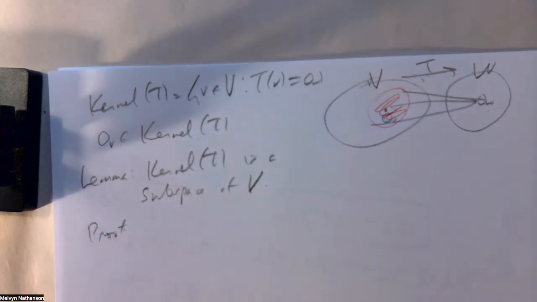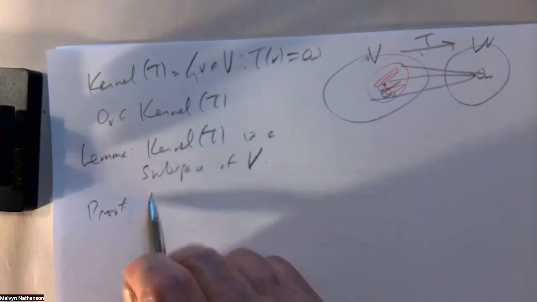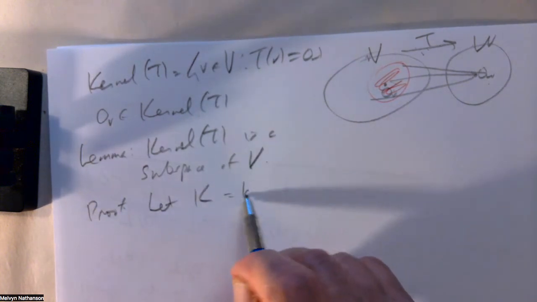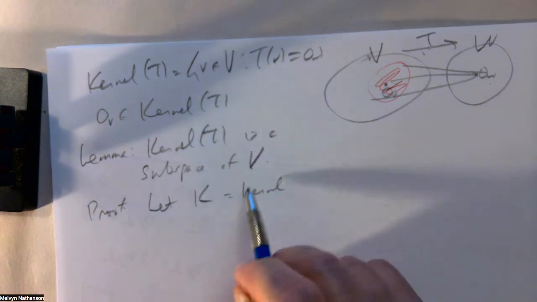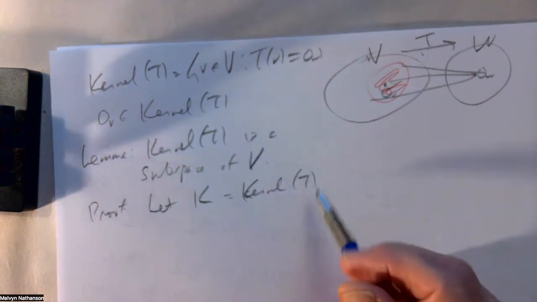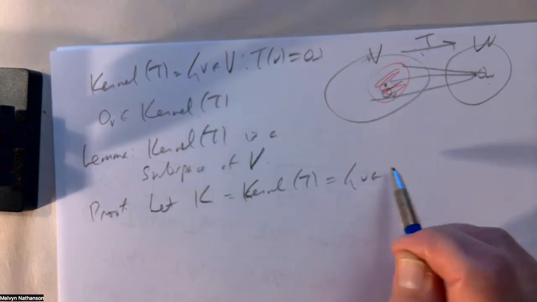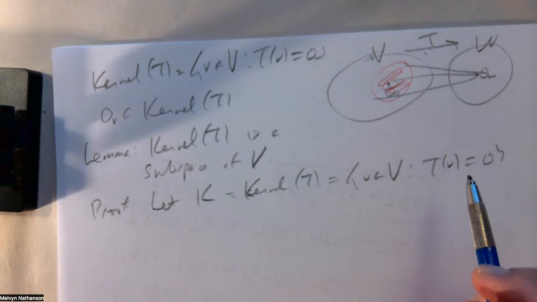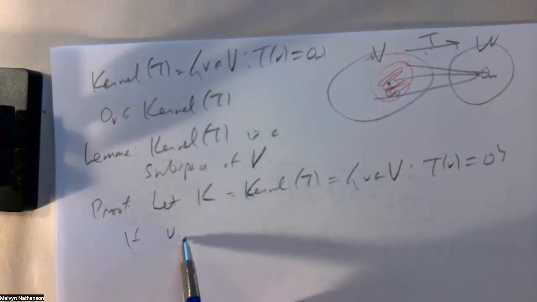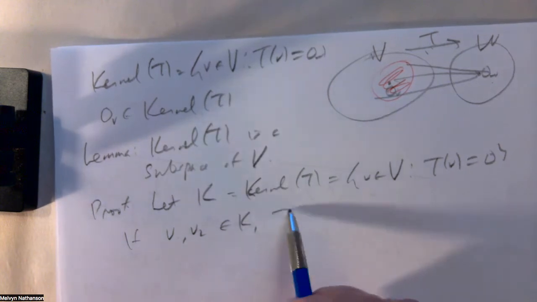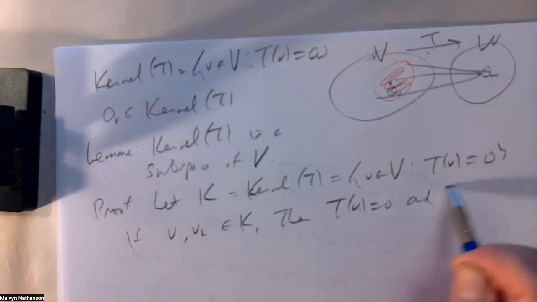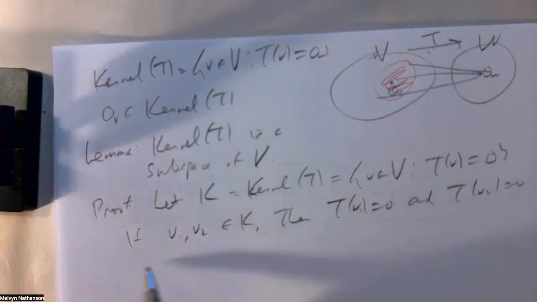And the proof follows immediately from the definition of a linear transformation. Let K be the kernel of this linear transformation T, with all vectors in V such that T of V is 0 over in W. So if V1 and V2 are in K, then T of V1 equals 0, and T of V2 equals 0.